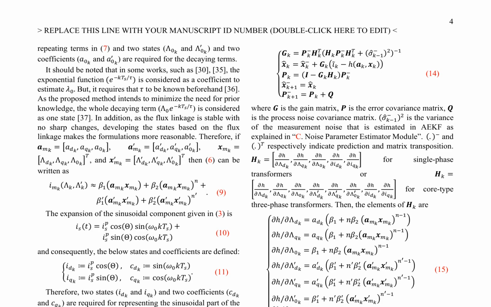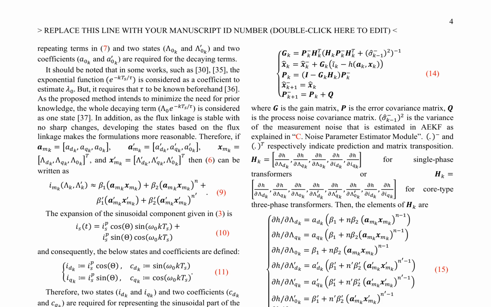The proposed method for real-time estimation of the magnetic field in single and three-phase transformers employs an adaptive extended Kalman filter, AEKF. This approach minimizes the need for prior knowledge by considering the transformer current as a combination of a decaying term and a sinusoidal component, each with its own states and coefficients. A state space representation of current measurements is developed, and the AEKF is used to estimate these states and coefficients.